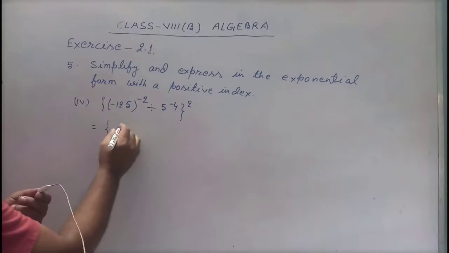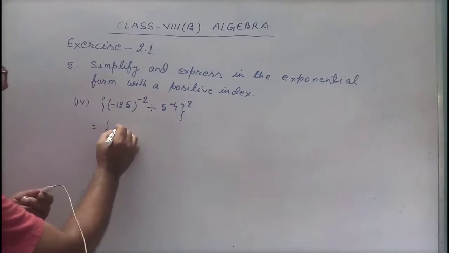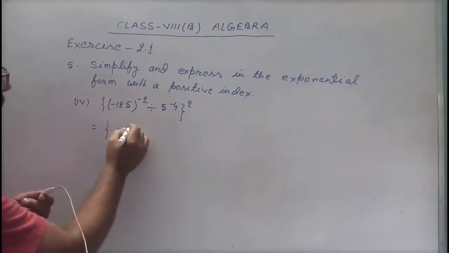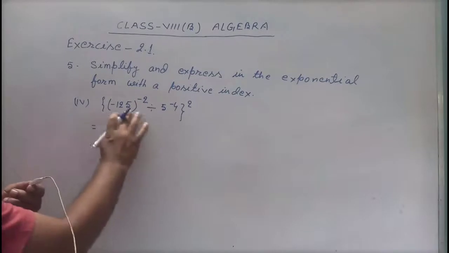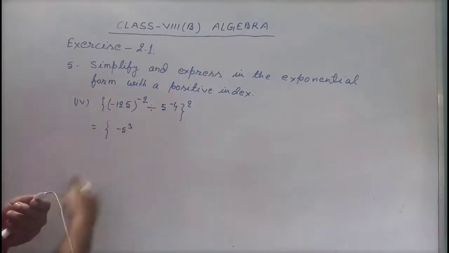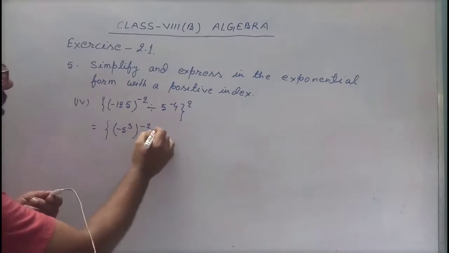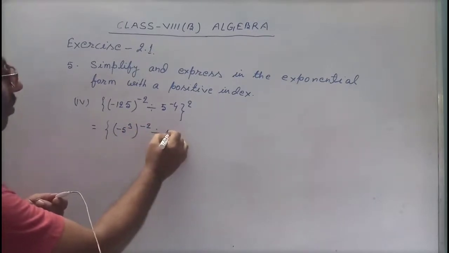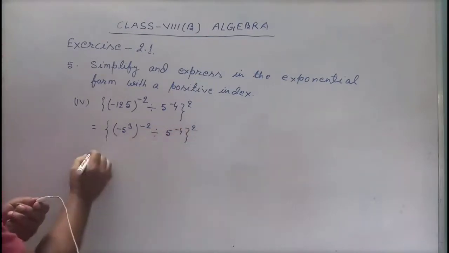So for that we can write minus 5 whole cube, minus 5 to the power cube, means if you multiply minus 5 three times, we get minus 125, and already minus 2 is the power, and this side 5 to the power minus 4 and power whole square.